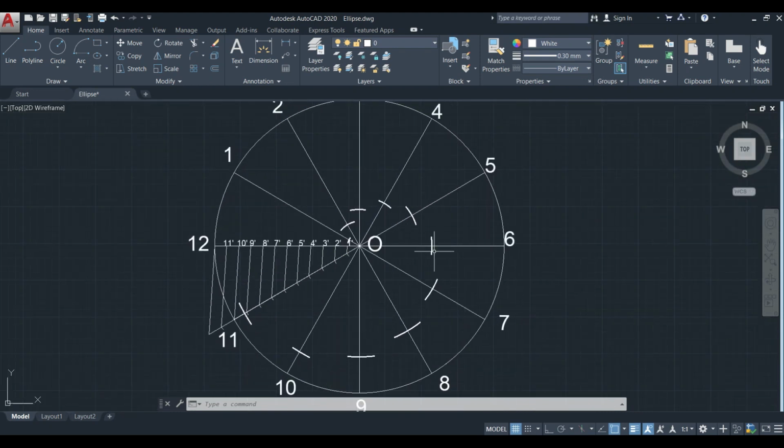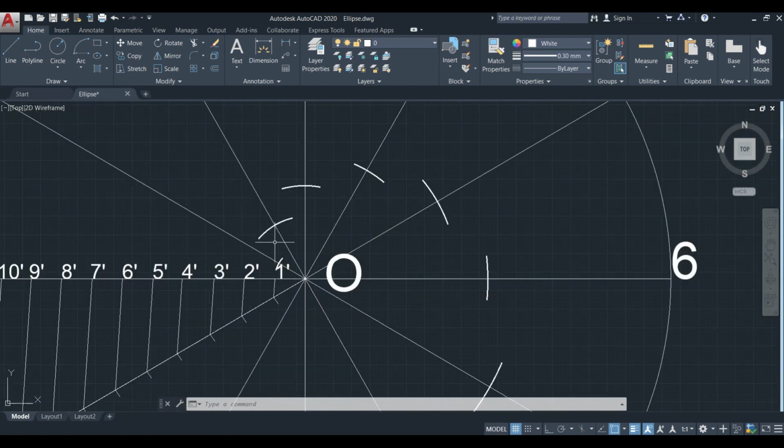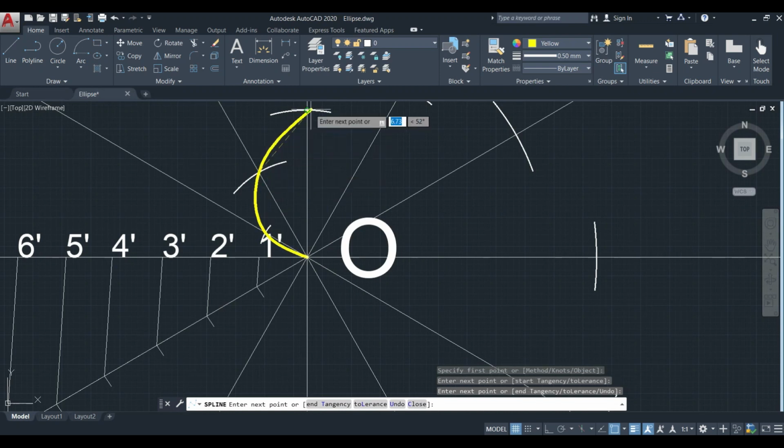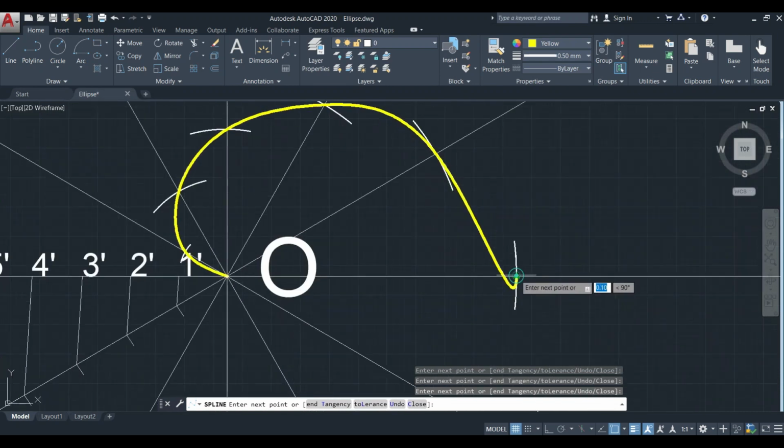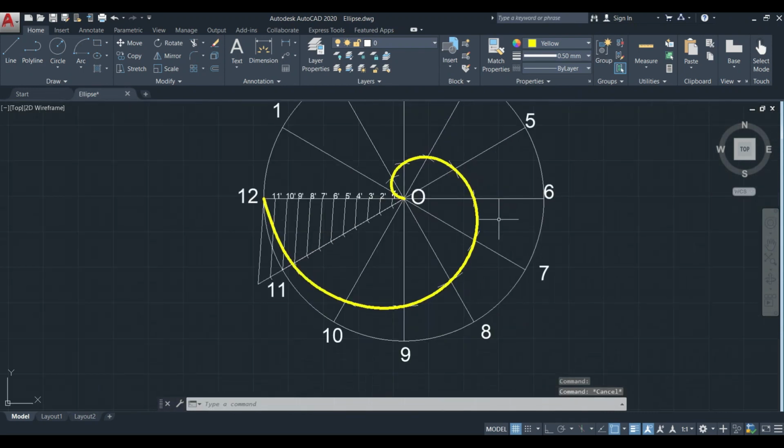Now finally we can draw a curve starting from the point O through each and every intersection of arc and the straight line here. So this is how we can draw the Archimedean spiral with one convolution.